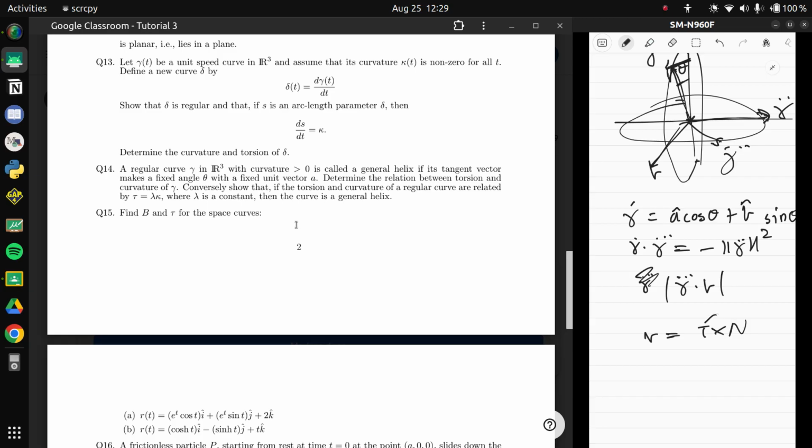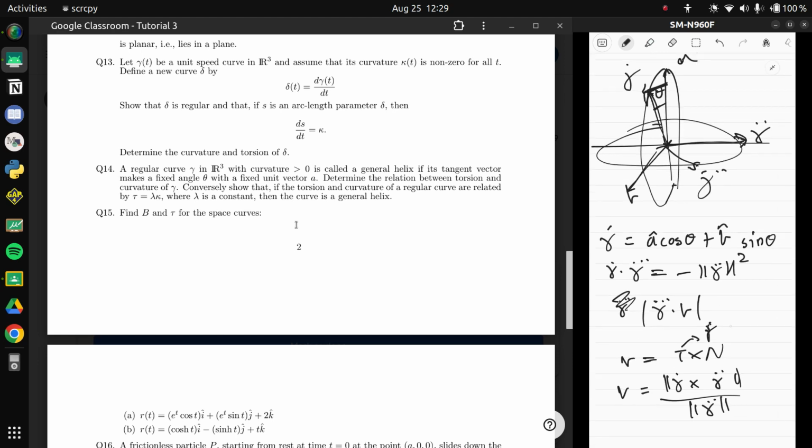T is essentially just gamma dot, but n is slightly more complicated. Oh, I see. So B would be just gamma dot cross gamma double dot upon the magnitude of gamma double dot. Interesting. So this is actually what we're looking for.